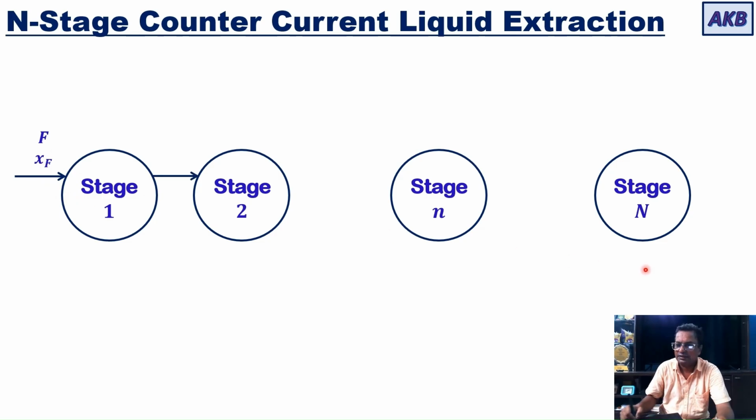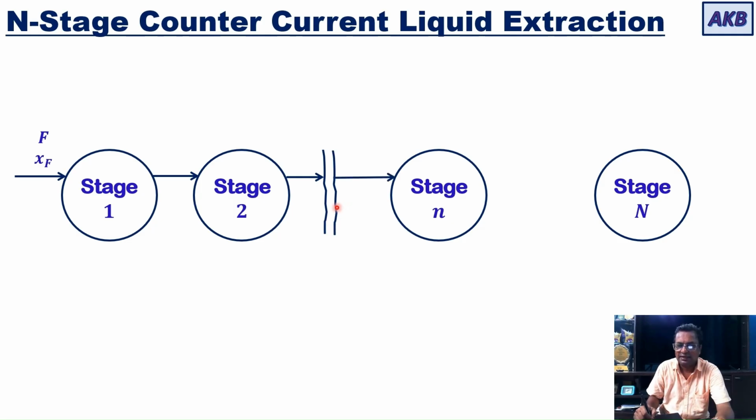and then it will be flowing from stage 1 to stage 2, and then from stage 2 to stage 3 and so on and so forth. So it will be flowing through the stages that are shown by these two lines. So within these two lines, you have many stages.